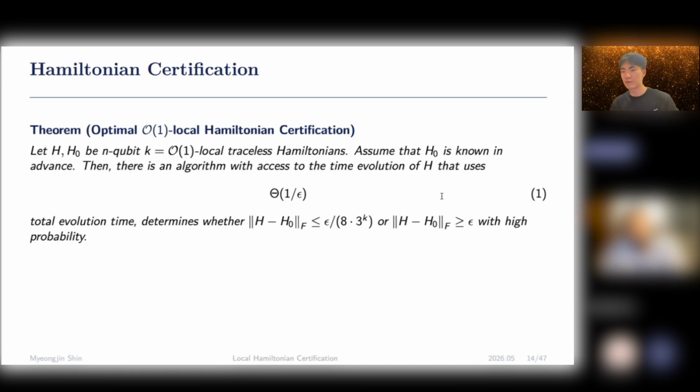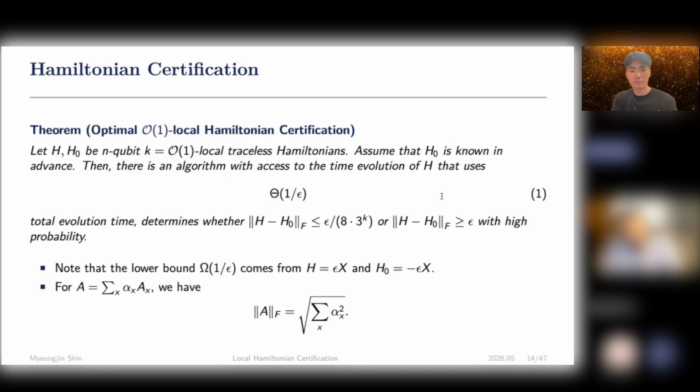What I mean by real time evolution is using only queries to e to the minus iHt, where t is a positive time. Using negative time or some control unitary operation over e to the minus iHt is not that practical, so we try to avoid it.